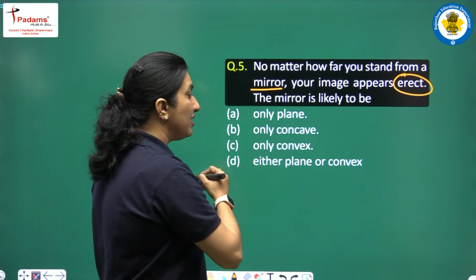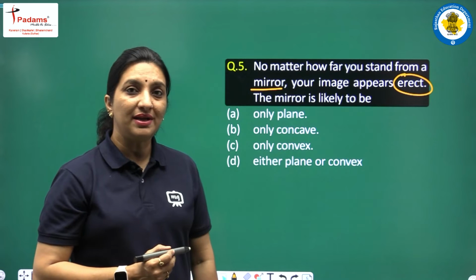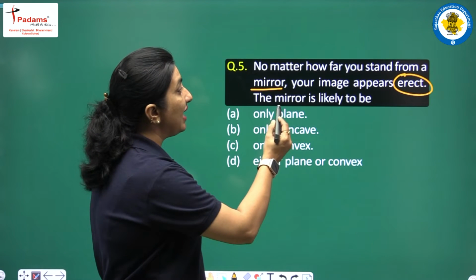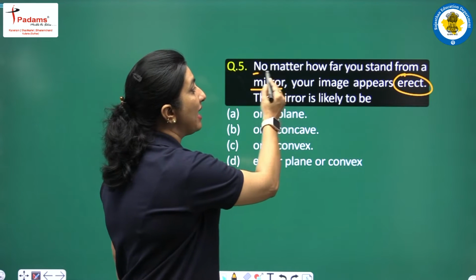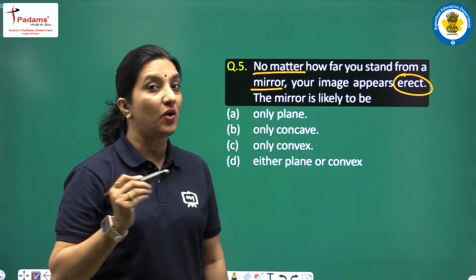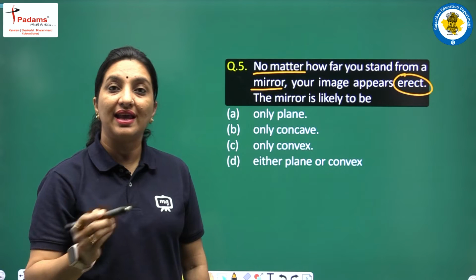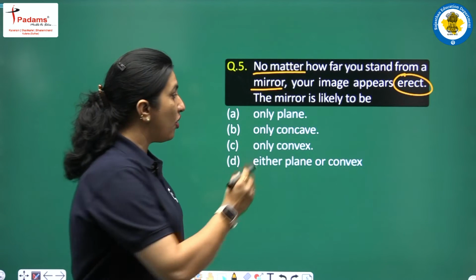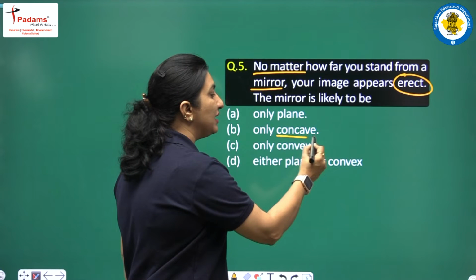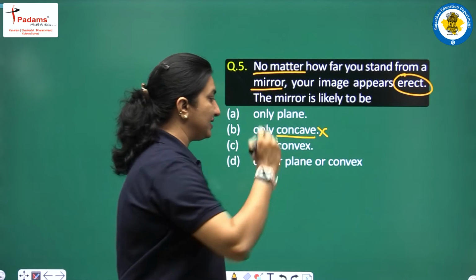In concave mirrors, do we get an erect image? Here it is asked that how far you stand from a mirror, no matter. So in case of concave mirrors, we get an erect image only for a single position. So concave mirror can't be the proper answer.